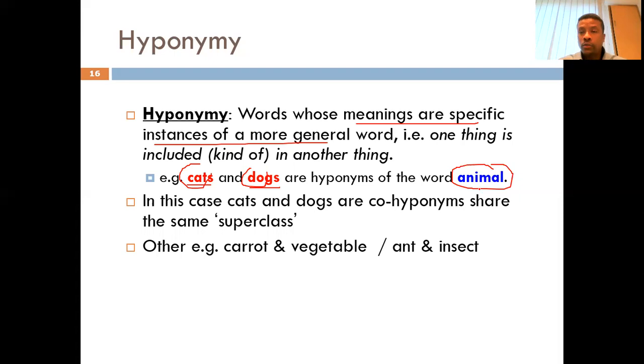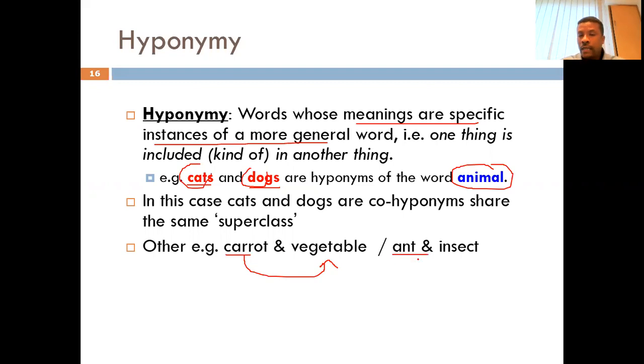So whatever an animal does can be cascaded to or inherited by cats and dogs, because animal is a broader class. So in this case, as I said, cats and dogs are co-hyponyms, and they share the same superclass, and that superclass is animal. Like carrots, the relationship between carrot and vegetable is also hyponymy.